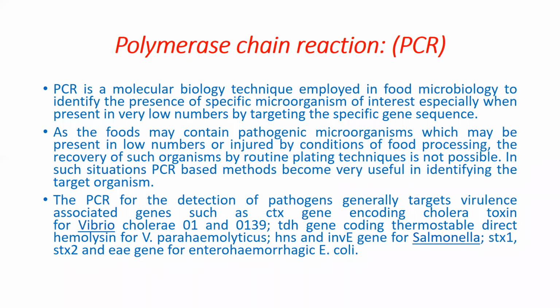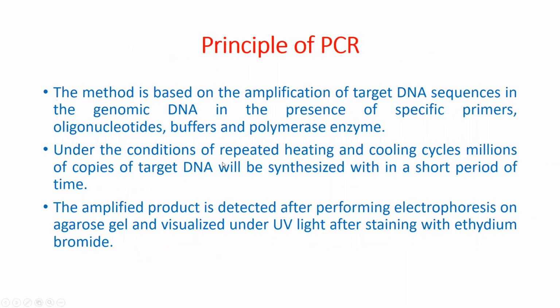So these are some toxigenic, virulence genes. This gene will encode that particular toxin. And if that toxin is formed by that bacteria, released into the food, and we consume that food, we will suffer from that toxin. We will be intoxicated. So this we can detect by the polymerase chain reaction.